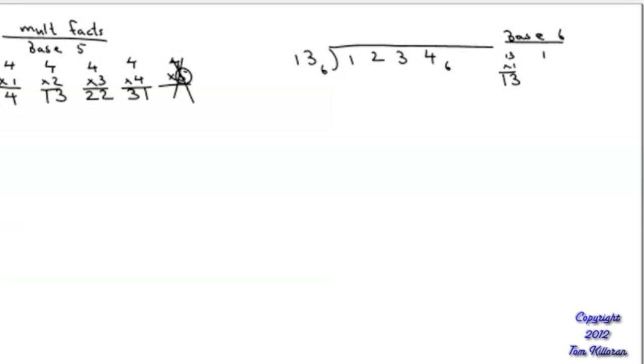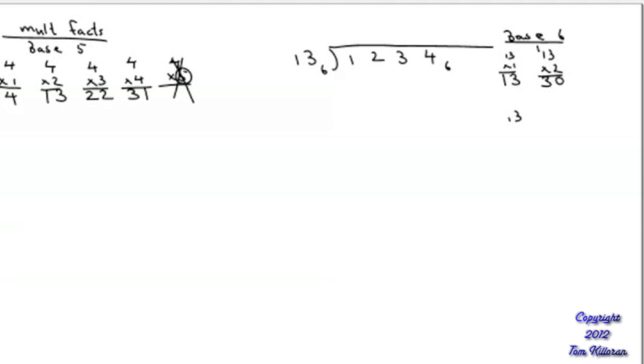The next one is 1, 3 times 2. Do not go 2 times 13 is 26 and then convert it into base 6. You have to go 2 times 3 is 6, too big. That's 1 6 with 0 remainder. Just like with our multiplication, 2 times 1 is 2, plus 1, 3. So this is 3 0, base 6.